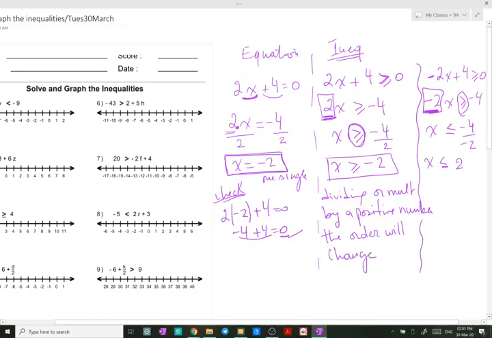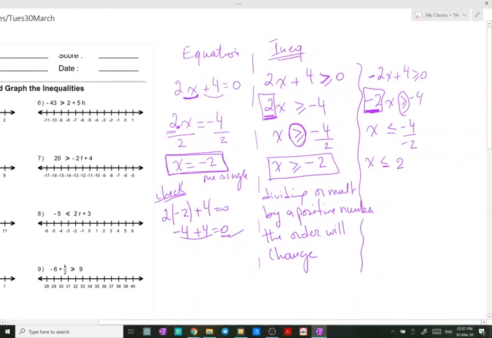Whereas when you are dividing or multiplying by a negative number, the order will change.